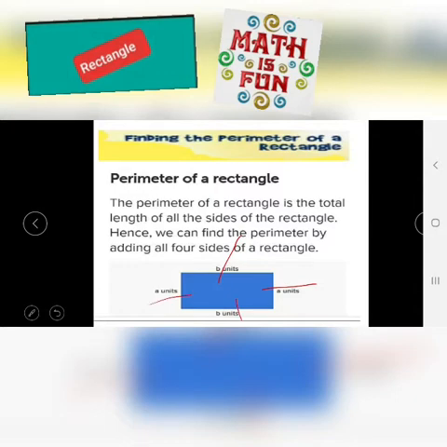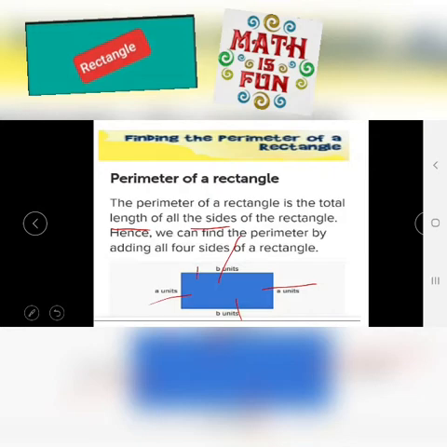So how do we find the perimeter of the rectangle? The perimeter of a rectangle is the total length of all sides of the rectangle. Yes, we have four sides in the rectangle, just like I have highlighted before. So how do we now get the formula? It's just the total length of all the sides.